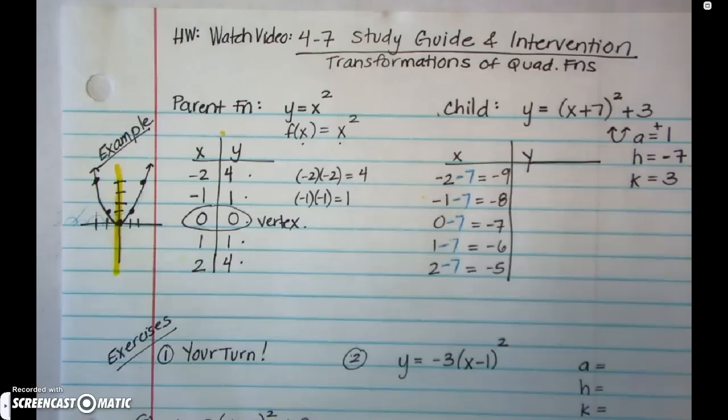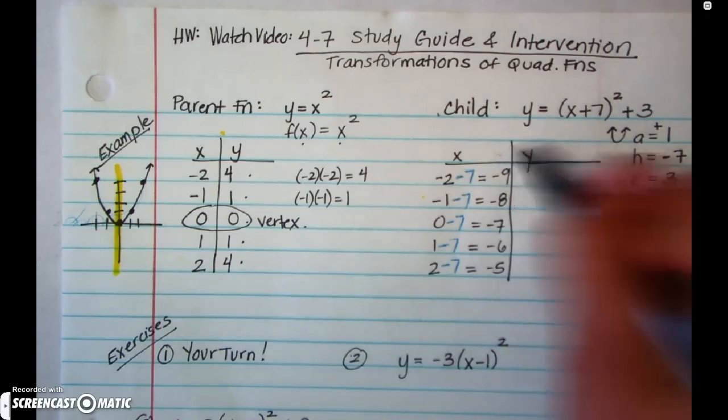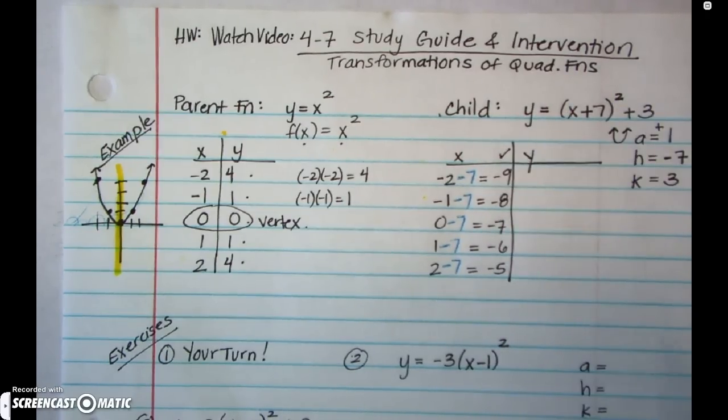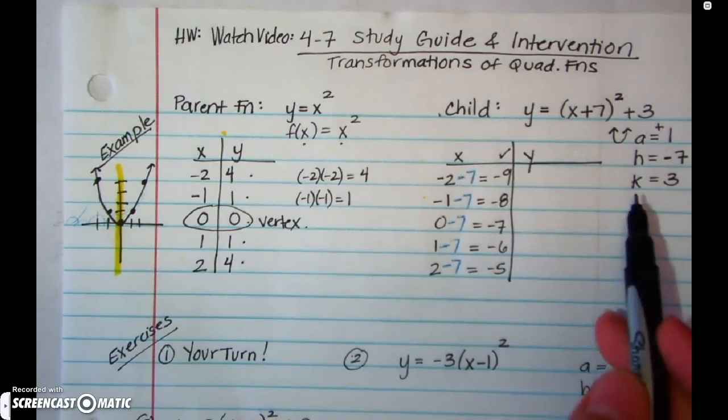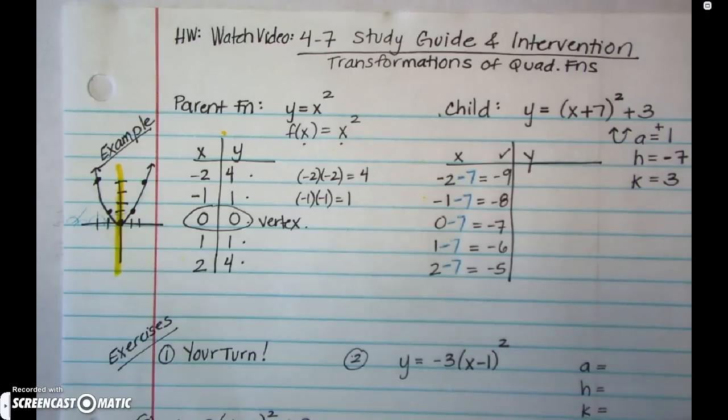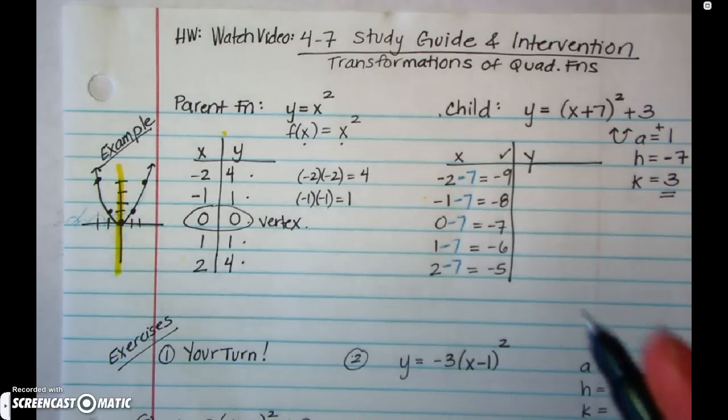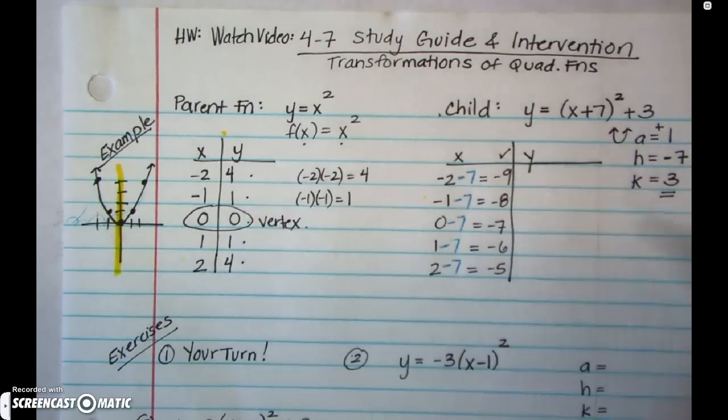So now that we have these values, we have our new x values. That's just saying that I shifted my graph 7 units to the left. And the last thing I need to do is add 3 to all of my k values, all of my y values.